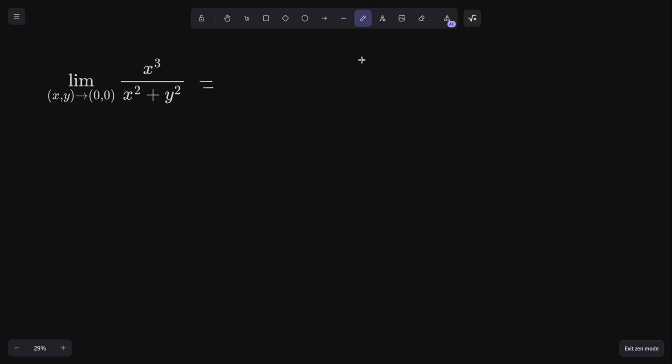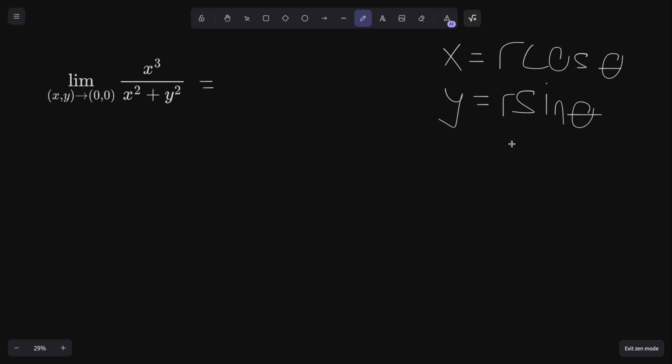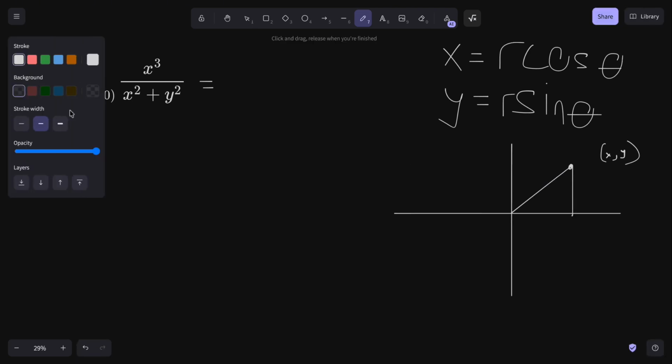So recall that x is equal to r cosine theta, and y is equal to r sine of theta. This just comes from the fact that normally you have a point x comma y, but in polar coordinates, you're representing this x comma y using the angle it forms with the x-axis, this is theta, and the distance from the origin, or the r, kind of the radius.